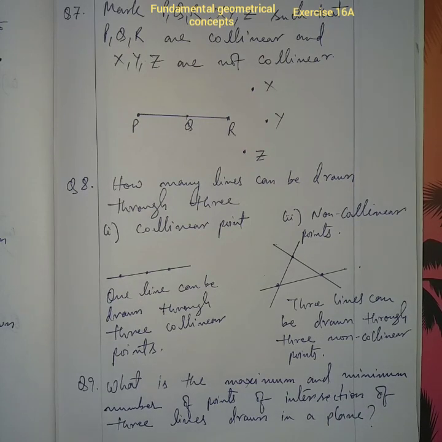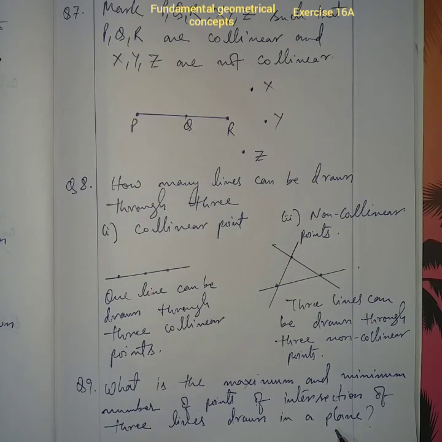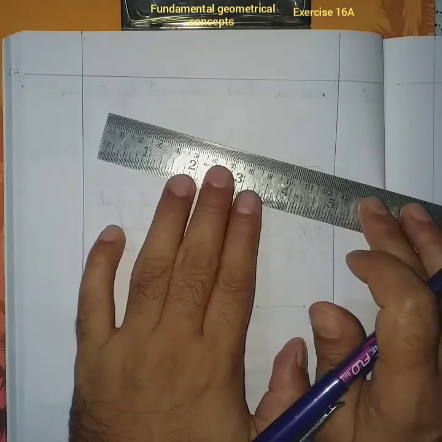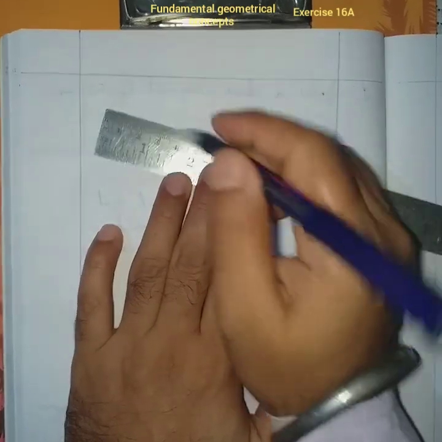Okay, so what is the maximum number of points of intersection of three lines drawn in a plane? Okay, maximum number. Let us draw three lines on this plane.